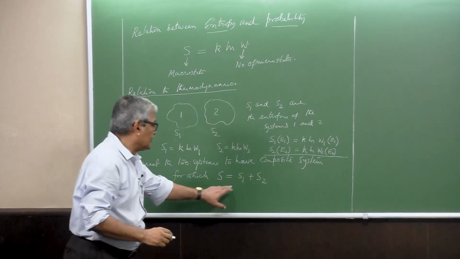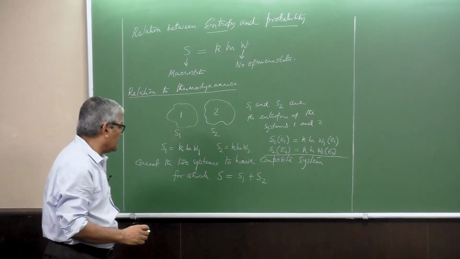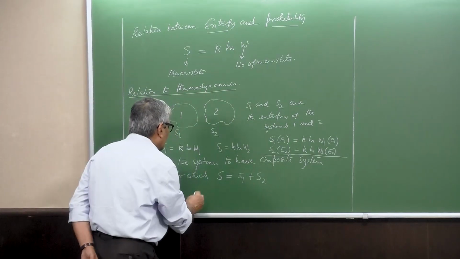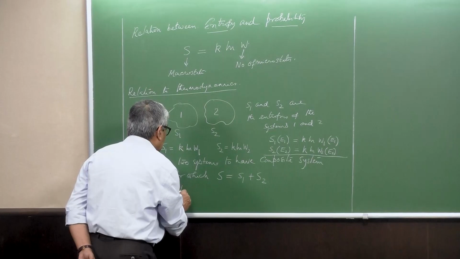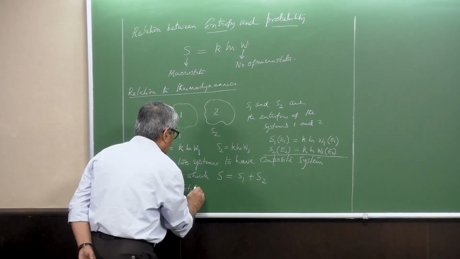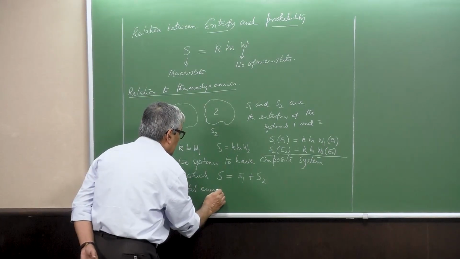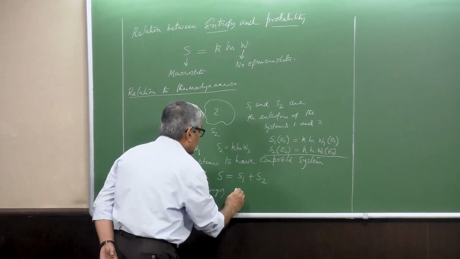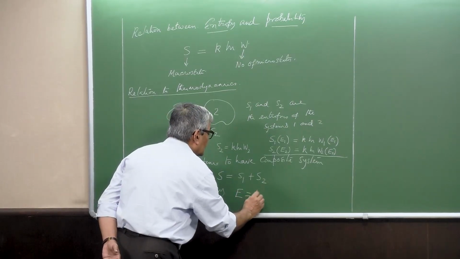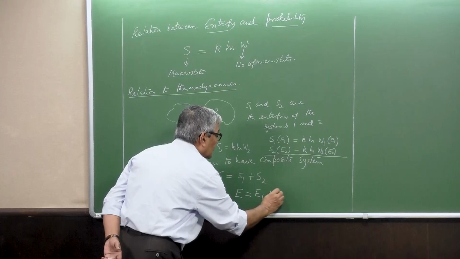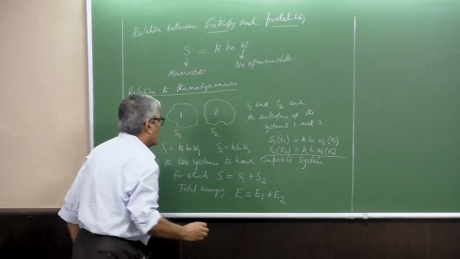So for the composite system, this is my total entropy, and the total energy is E equal to E1 plus E2.